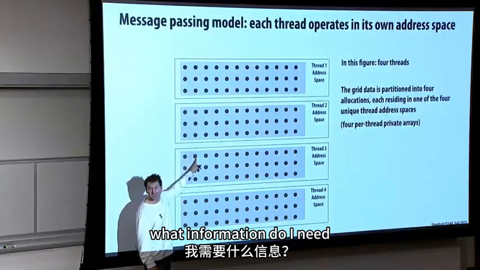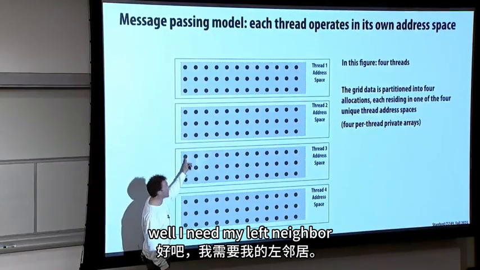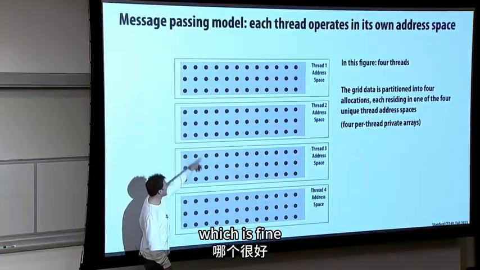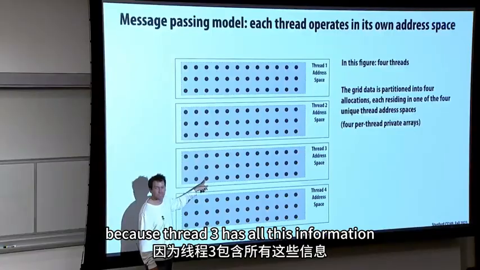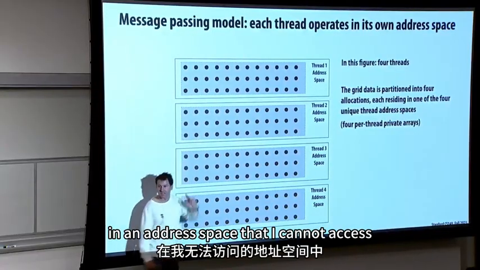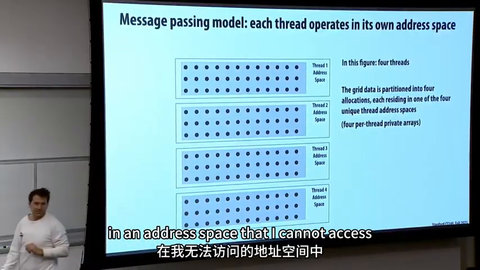What information do I need? Well, I need my left neighbor, my right neighbor, and the neighbor below me, which is fine because thread 3 has all this information. But I also need information that currently is stored in an address space that I cannot access.